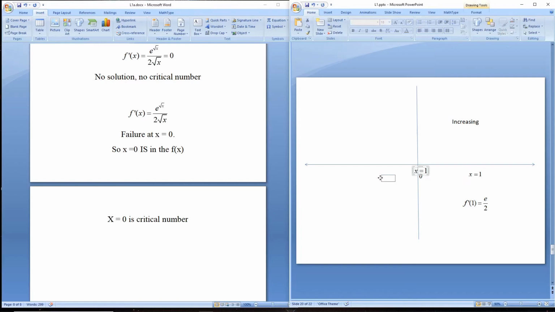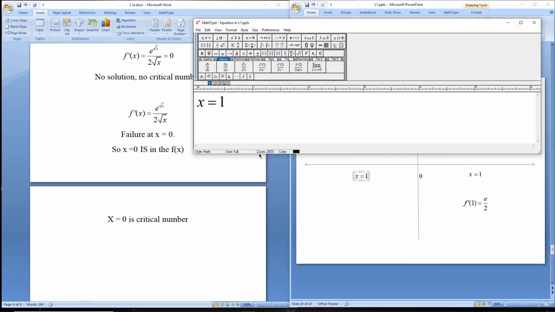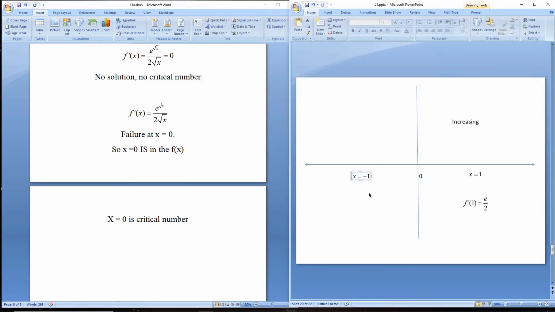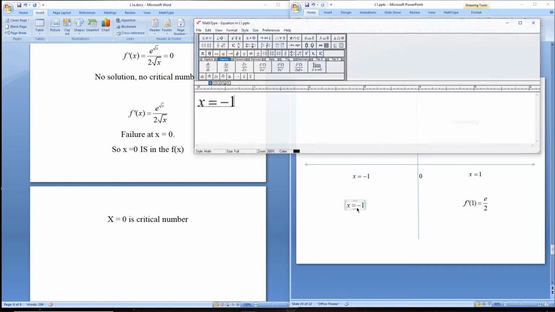So what about this left region here? So now a simple choice would be to choose -1. But if we put -1 into the derivative, I should say, we have a problem.